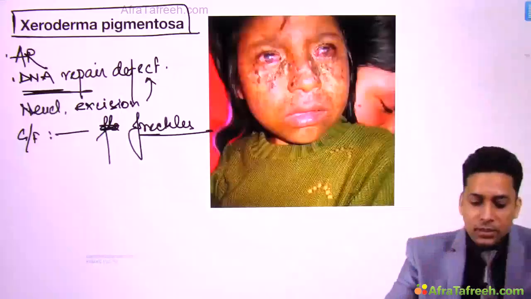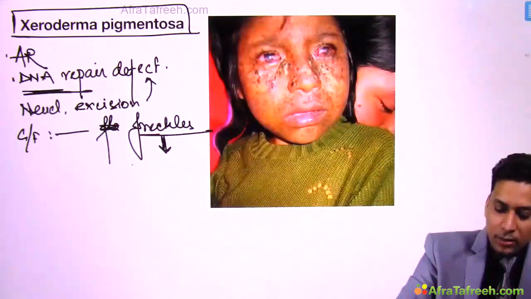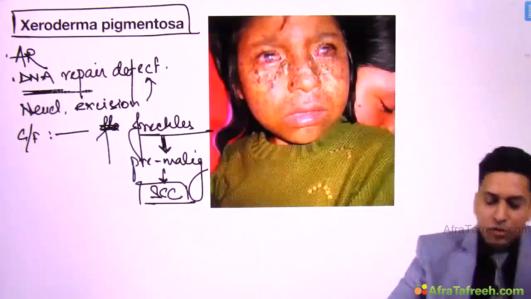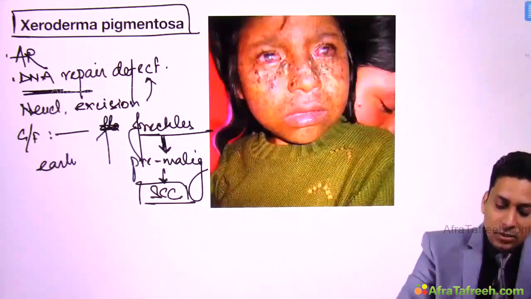Gradually what happens? Patient might start developing pre-malignant lesions, and then patient might develop malignant lesions in the form of squamous cell carcinoma. So a lot of photo damage develops, and this is early in the age.